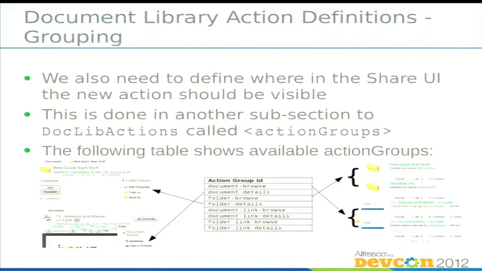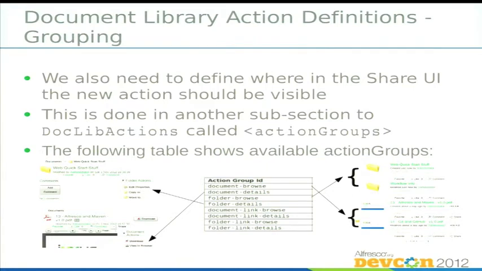Now, you got an action. So we got a repo action, and we got the start of a Doc Lib Action. We need to position it in the menus. So how do you do that? You use action groups. So that's another subsection to Doc Lib Actions. Here, in this section, you're going to tell the system where this action should be visible.